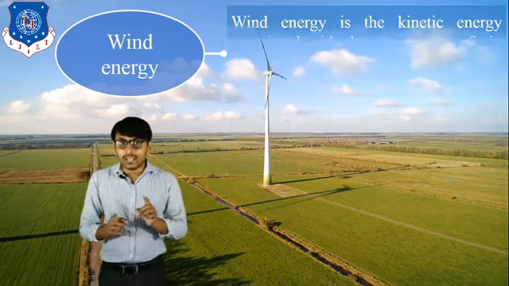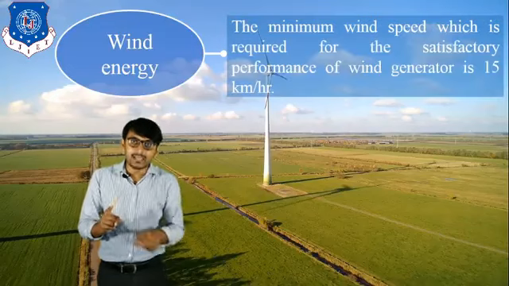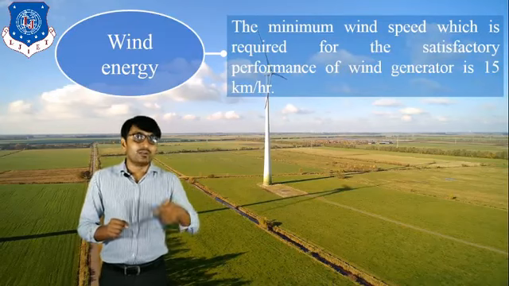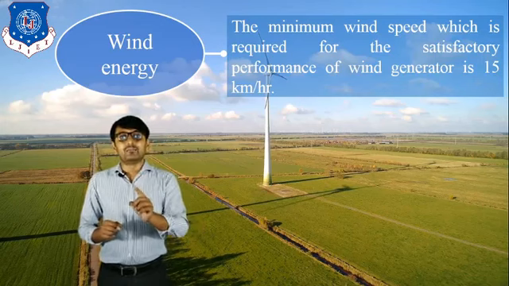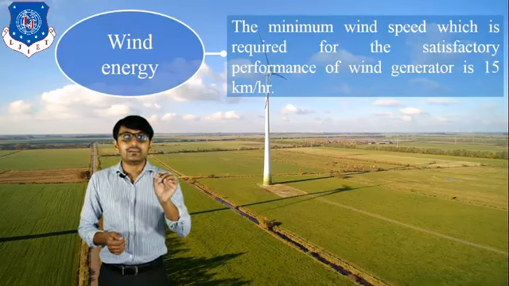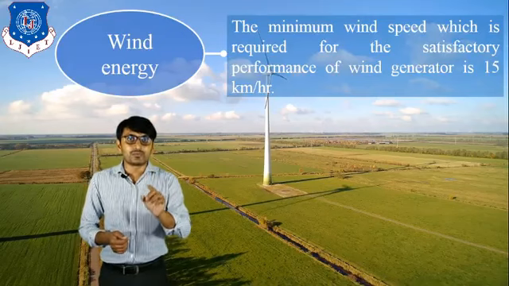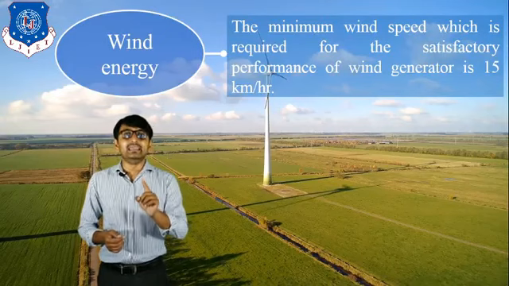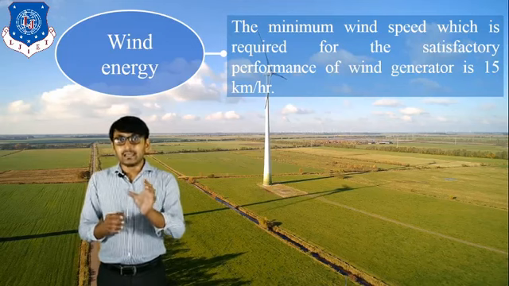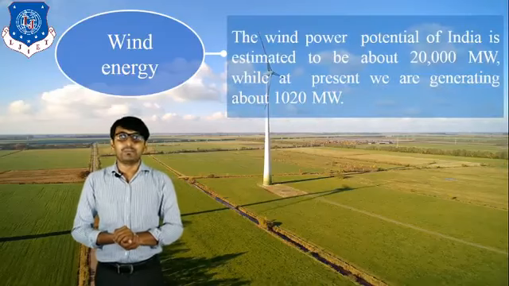So a windmill converts wind energy into mechanical energy, and this mechanical energy is converted into electrical energy with the help of a generator. The minimum wind speed required for satisfactory performance of a wind generator is 15 kilometers per hour.